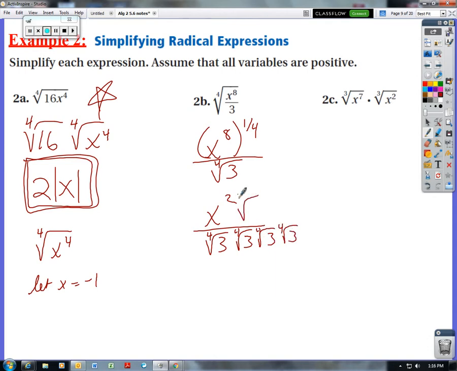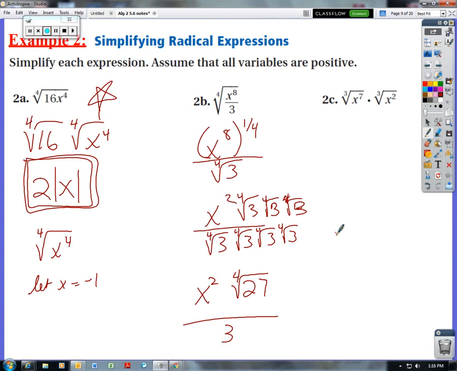So I need to do 3 of them on top and bottom. Look at me, I'm going backwards. That's a 4 and that's a 3, and I'm trying to go too fast. So this x is squared. Make sure that 2's over with the x. And this is going to be the fourth root of 3 times 3 times 3, which is 27, all over 3, because the fourth root with 4 of these is going to cancel out to just 3.